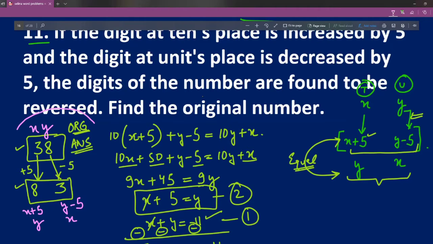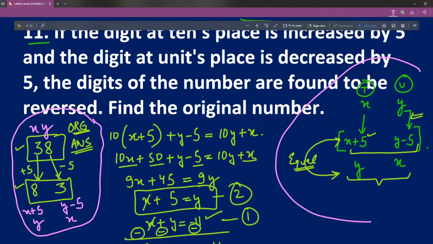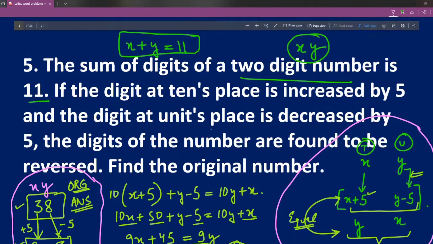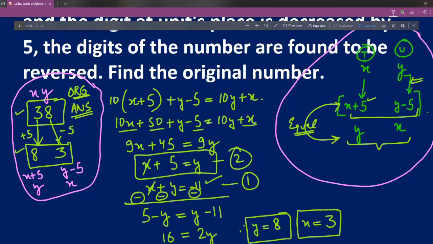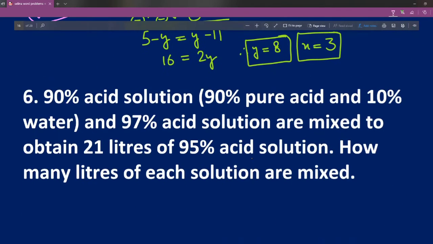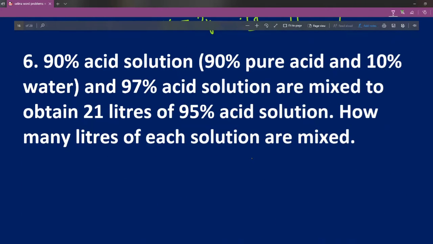Now you can compare what I have done here with what we were discussing here, and as I've been requesting again and again, just rewind and see the solution again. If there are any missing steps, if there are any missing things that you were not able to understand, you will be able to understand once you revise the questions.